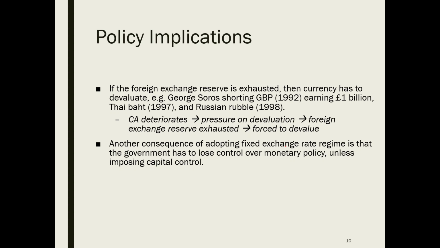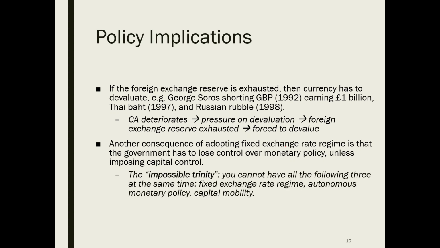It is argued that you cannot have all the three following at the same time: fixed exchange rate, autonomous monetary policy, and capital mobility. This is the reason behind the collapse of the gold standard after the Great Depression and the failure of the EMU after the global financial crisis.